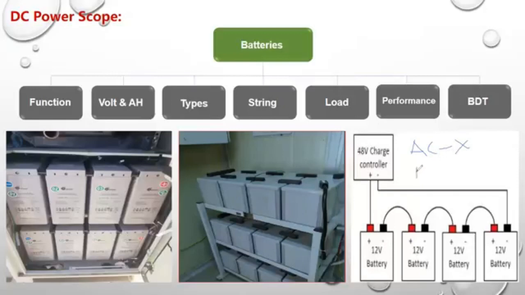Or let's say if I use DC. In case of DC, if the source that supplies the site cuts off, you can use the DC batteries. So you can supply the site till you solve the problem. So that is the function of the batteries and why we use DC, not AC.